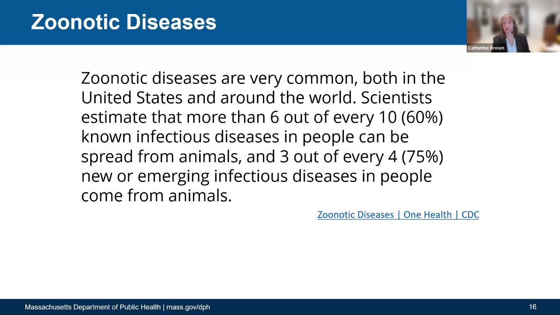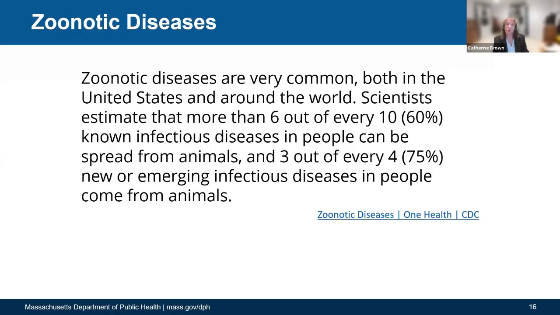And I just want to be very clear, this is globally, right? This is not talking about the US specifically. And I also want to point out, it says can be spread from animals because there are certainly diseases that we as humans can get from animals, but that we could also get from other people.